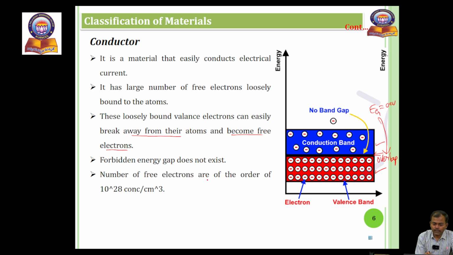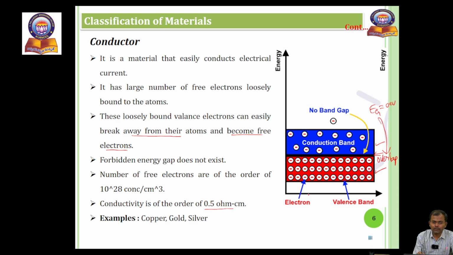The number of free electrons is of the order of 10 power 28 per centimeter cube. Conductivity is in the range of 10 power 6 per ohm centimeter. The examples are copper, gold, silver, aluminum. All these come under conductors.